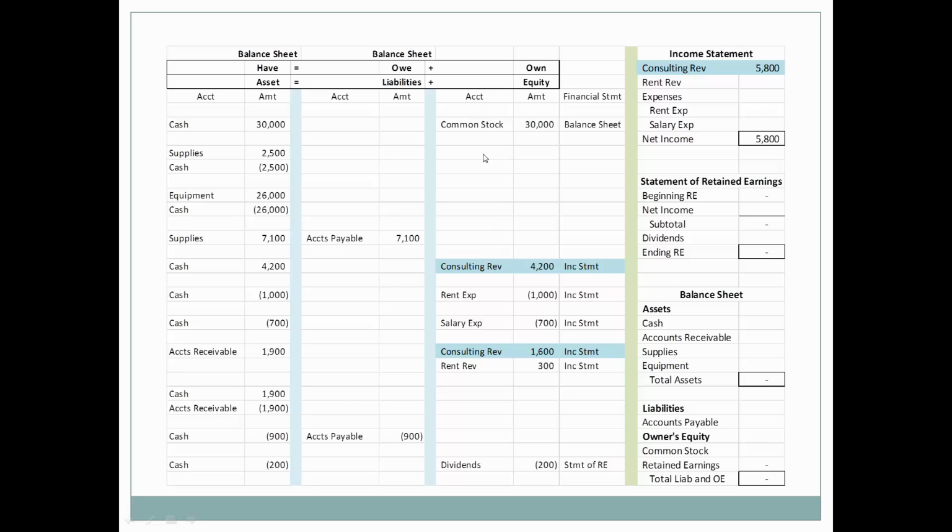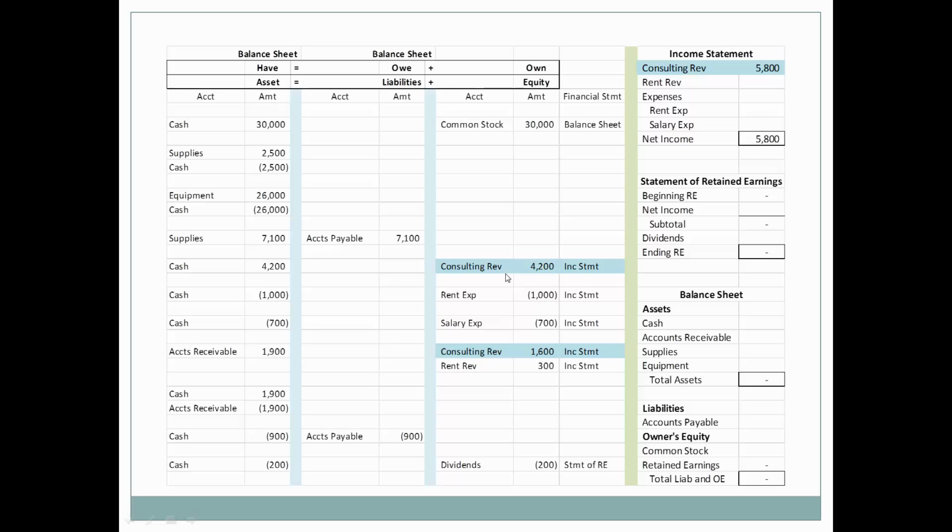But you could understand that if you were keeping your books like this and you had pages and pages of this information, the opportunity to make an error would be very great because you would have to make certain that you captured every revenue transaction in order to add them all up to come up with a total revenue for your income statement. So this in chapter 1 is used to teach you how the accounting equation works together, but in chapter 2 we will look at how the books are formally prepared. But right now we're just in a learning vehicle to see how everything works together.